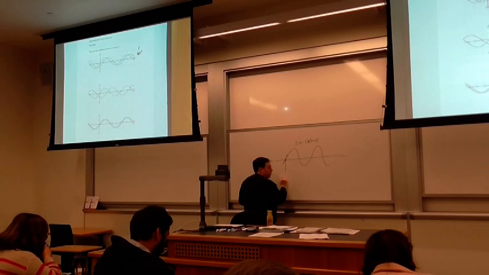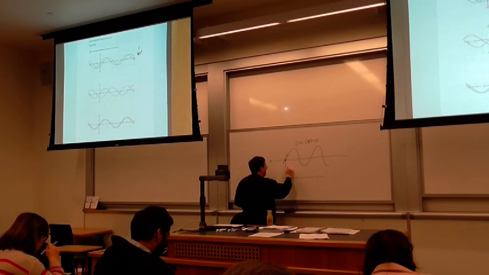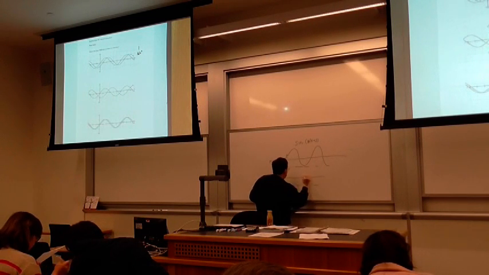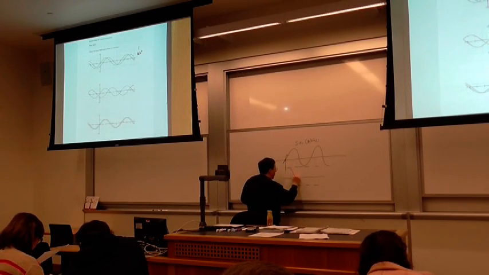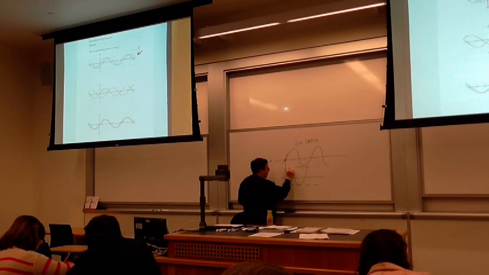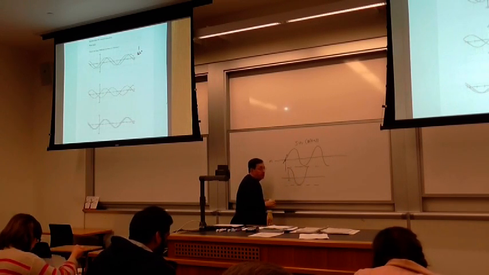If you're doing a cosine, this is C, the point where you're at the max and you're going down.